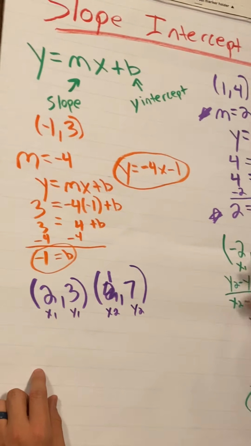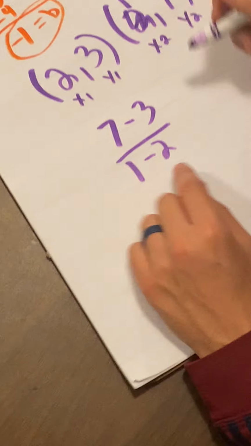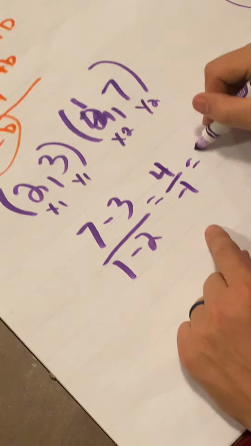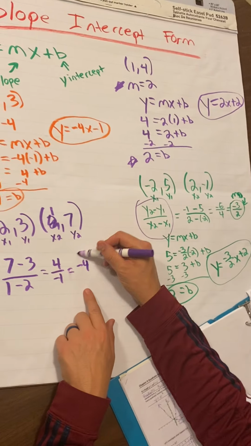We're going to use the same formula that we did in green over here. So it's 7 minus 3 over 1 minus 2. That equals 4 over -1, which equals -4. That just simplified. So here's our slope.